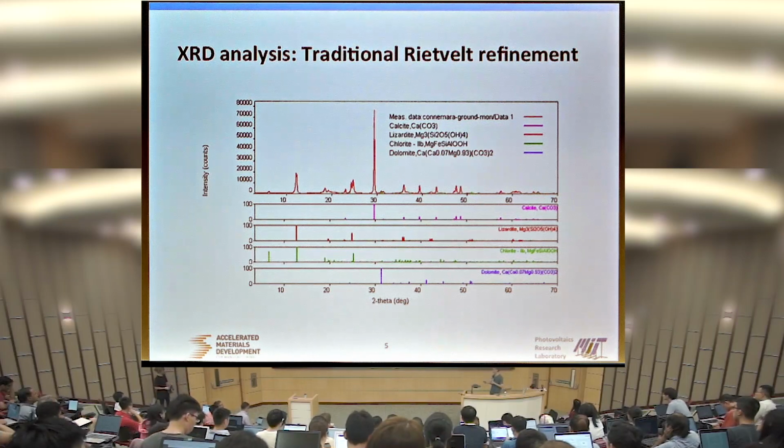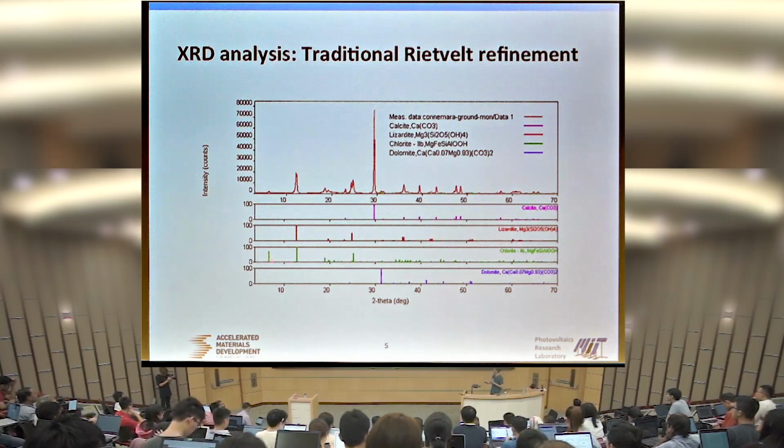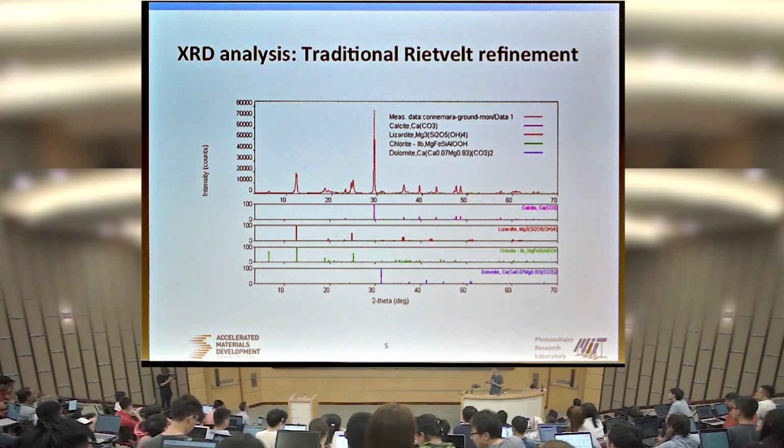This is all done manually. For example, for the chloride, you have to locate this small peak and say, okay, this corresponds to the chloride peaks, and then I can look that up in the database, so I know this is a chloride.